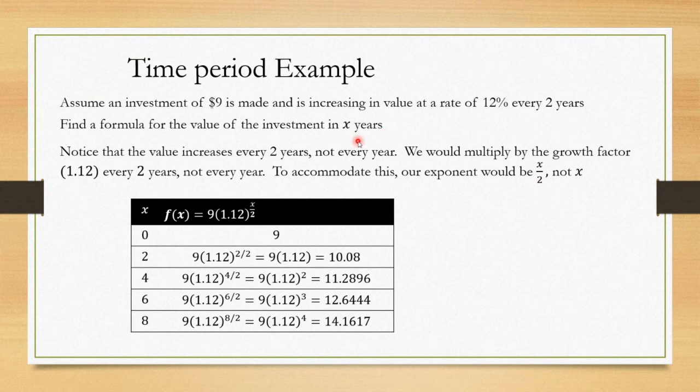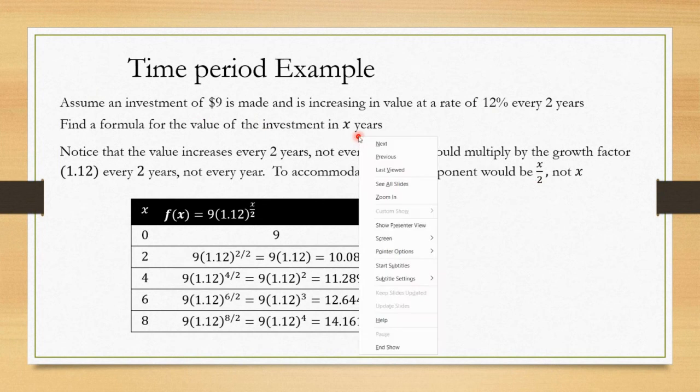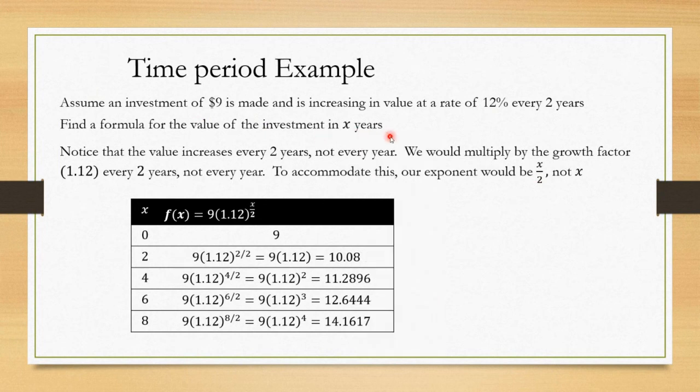Well, here, what if we want to find the value of the investment in X years? So it's just like the previous example. We want to know how much the investment is worth after X years.